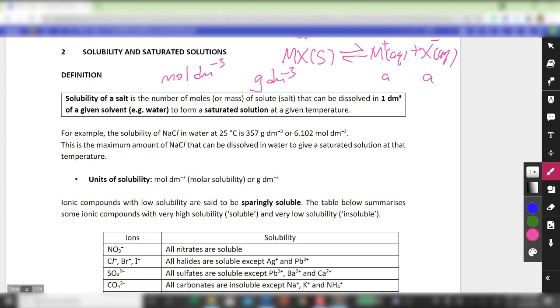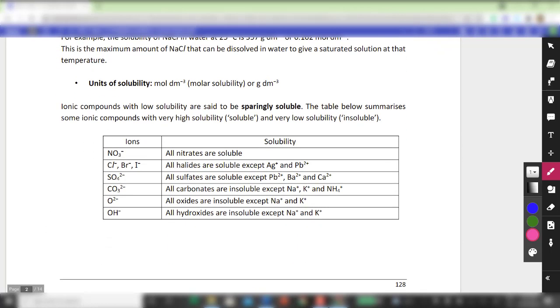So in some sense, when we dissolve the maximum amount of the salt in the given solvent, we have already formed what we call a saturated solution. I think this is an idea which you should be familiar with from what you have done in secondary school. A saturated solution is formed when I can't dissolve any more solute.